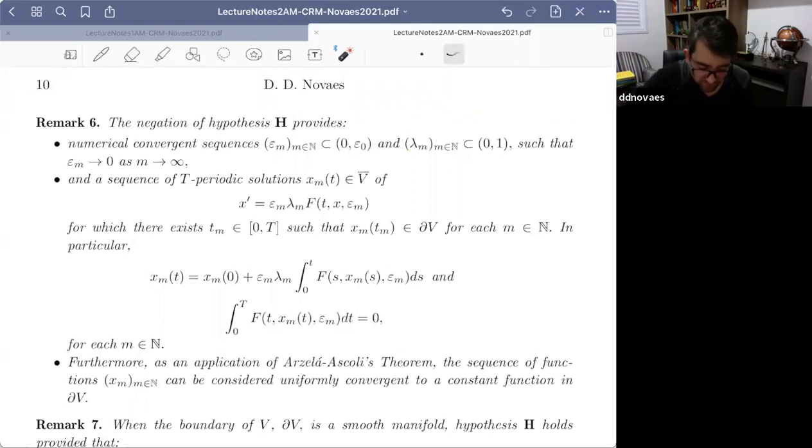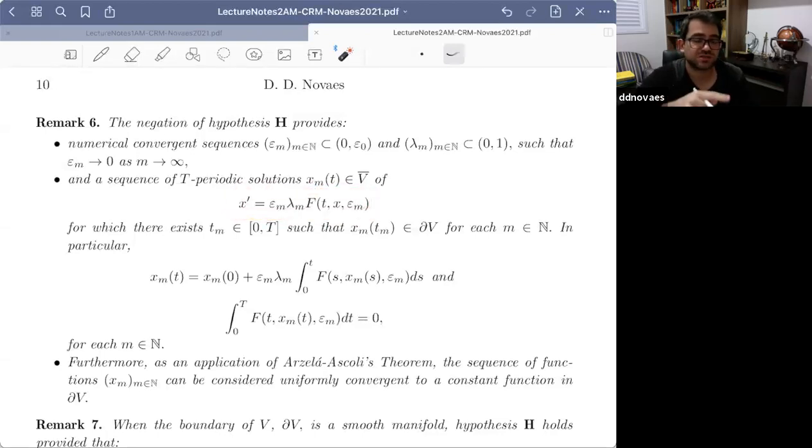It also provides a sequence of T-periodic solutions x m of this differential equation, contained in the closure of V.